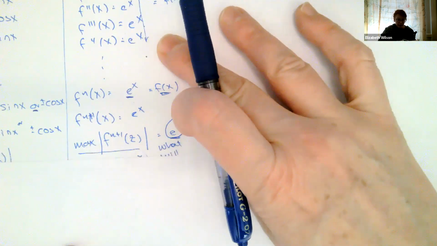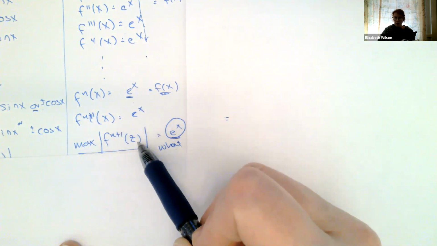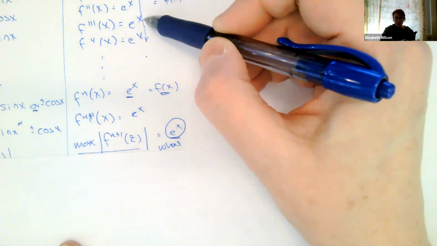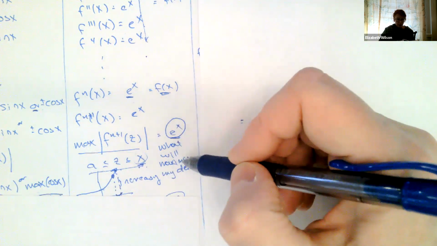Now I need to look at my max of f of n plus 1 of z. With exponential functions, because the function itself exists within the derivative, I have to ask myself what value is going to maximize my derivative.